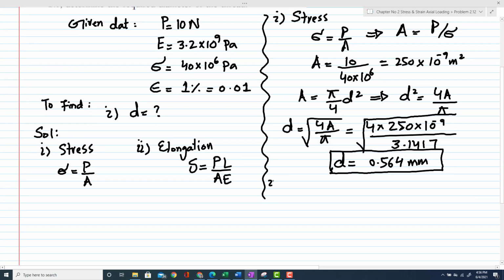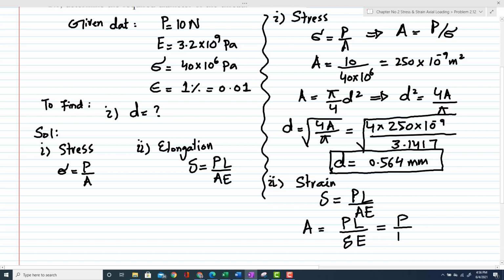Now we will move toward the strain criterion and calculate the same D. So delta is equal to PL divided by AE. Clear? So we have to find A. So A will be equal to PL divided by change in length times E. If I write it like this, P divided by E times L over change in length.